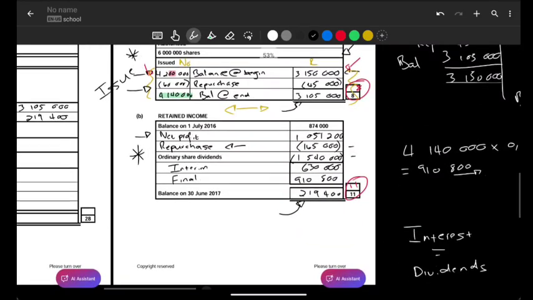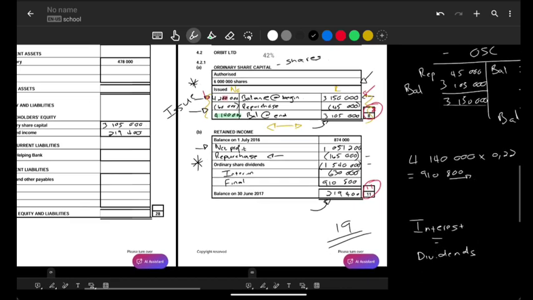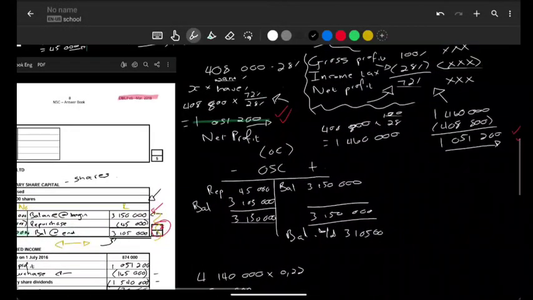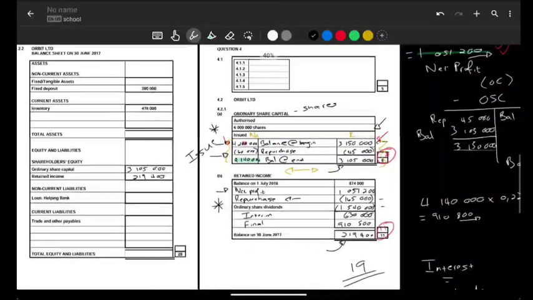Right there you have 19 marks. Once you get a hang of it, it won't take you as long as I did, because I went explaining and I made a few mistakes there, but that is it, right?